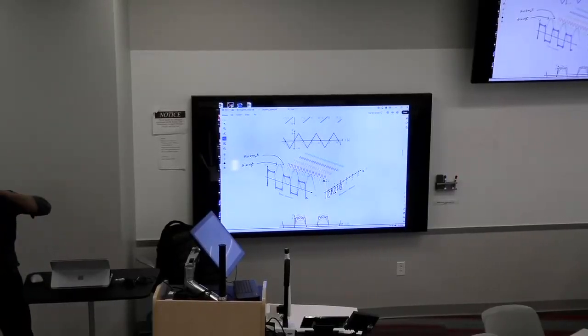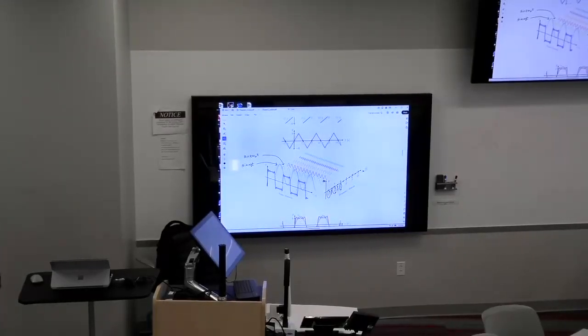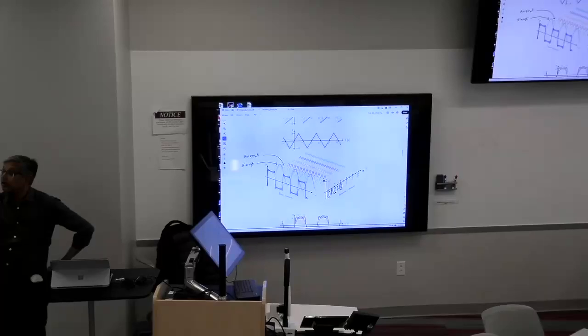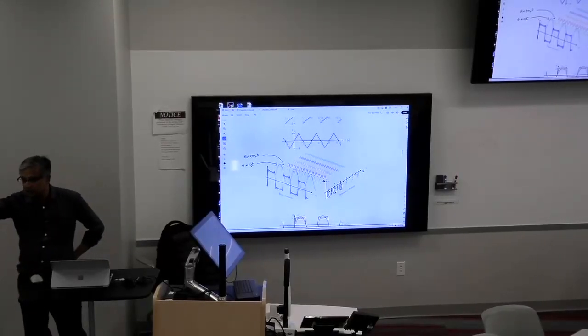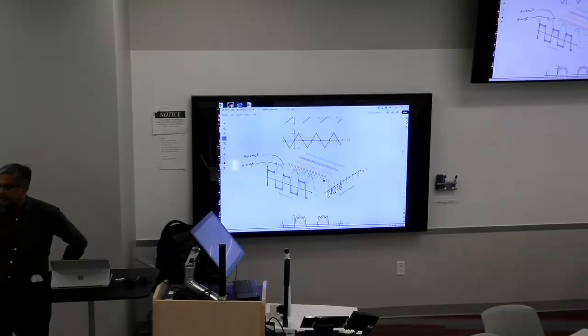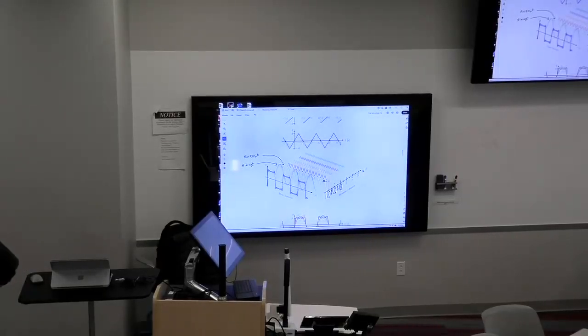At this point, I want you to think only about periodic signals. If you have a periodic signal, then we have something very clearly defined as the fundamental frequency. You take the time period, invert it, that's the fundamental frequency in hertz, multiply it by 2 pi, that's the fundamental frequency in radians per second.